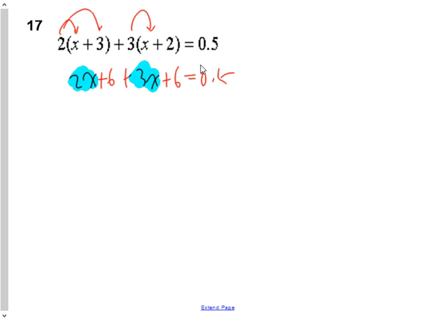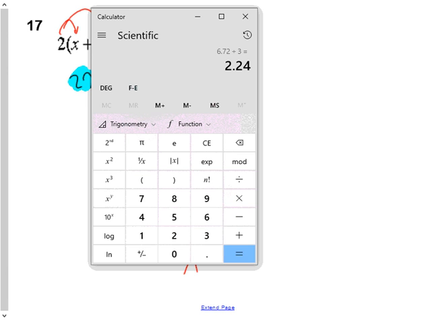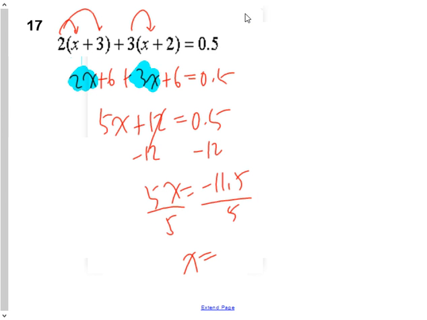This is a polynomial of 6 terms, but there are like terms, which means 5x plus 12 equals 0.5. And now we have 5x equals negative 11.5. And finally, x equals negative 2.3.